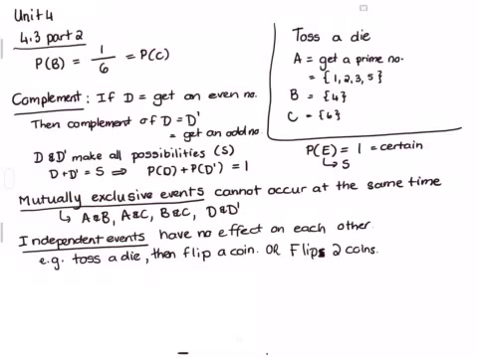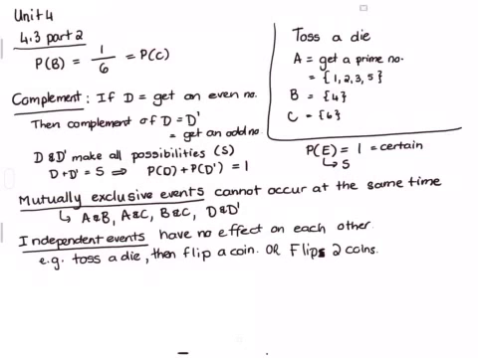Now, please notice the difference between mutually exclusive and independent. With independent, we're talking about doing one thing and then doing another thing. Mutually exclusive is where I'm saying, if I do one thing, can I get an answer that comes from both of the others?